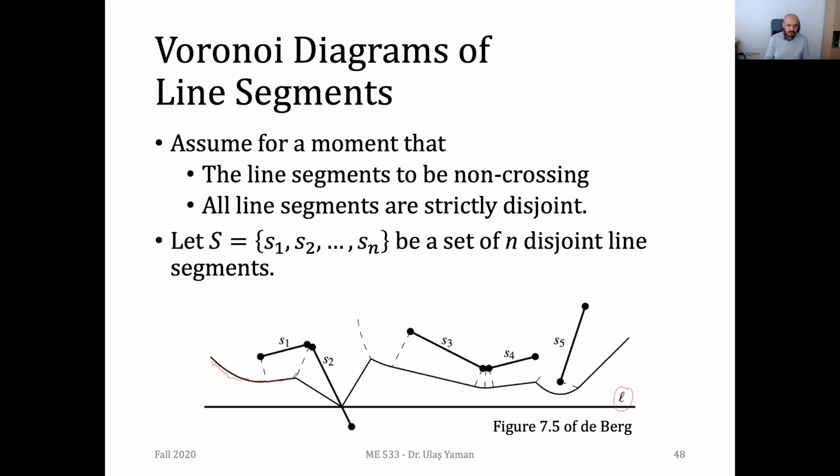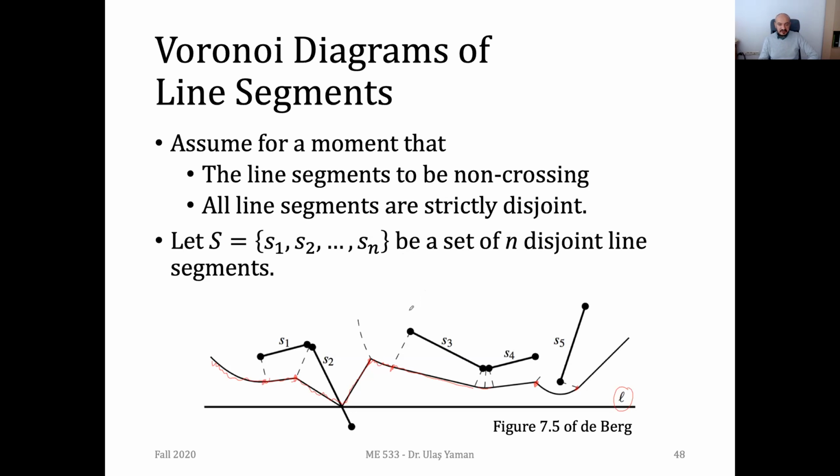This time it's more complicated than the Voronoi diagram with just points. We have straight line portions, we have arcs, we have again some breakpoints, as you see here, and here, and here.